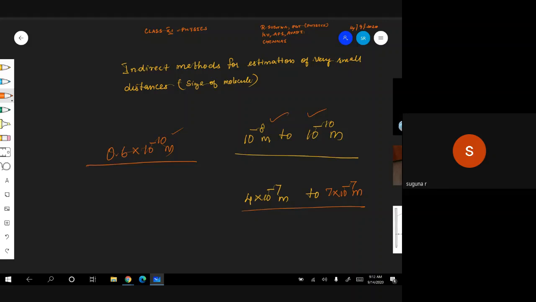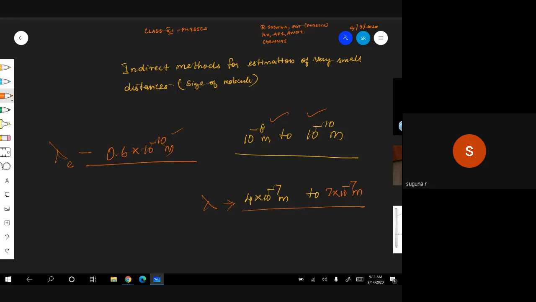So this is very small compared to the wavelength of visible light. When the electron is at rest, it won't behave as a wave; it is only a particle. When it moves, it behaves as a wave.